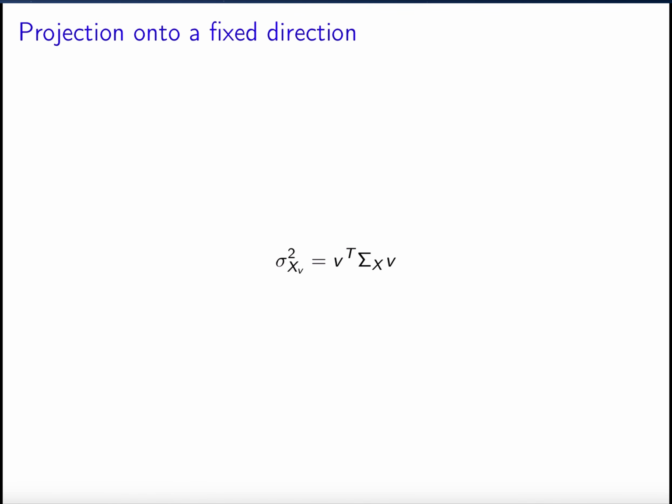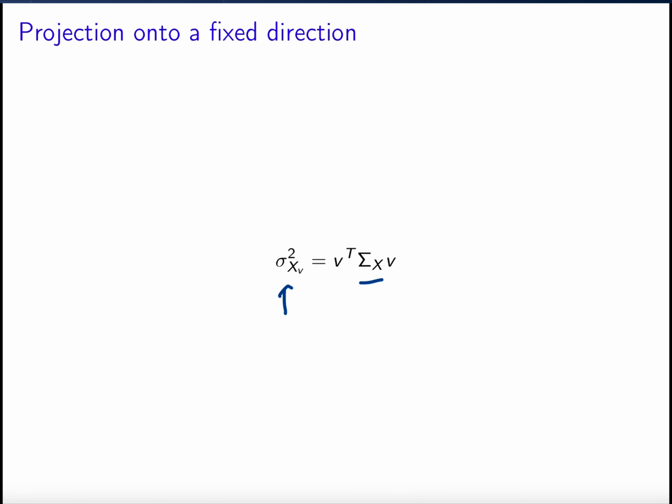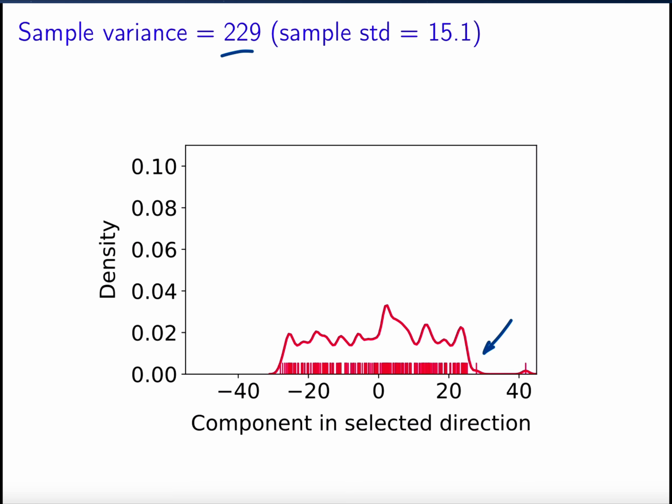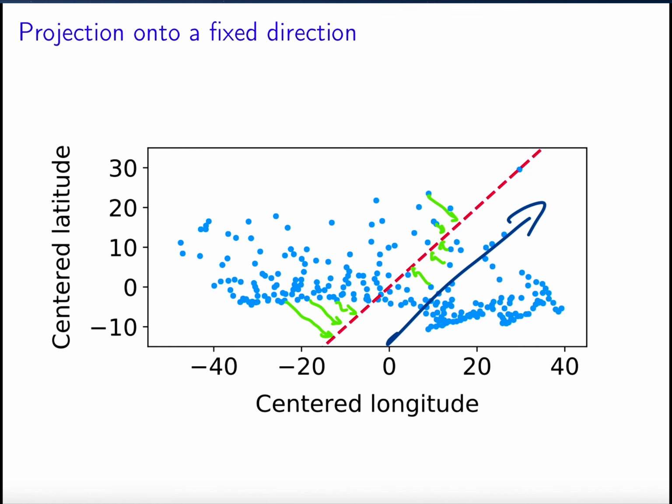So basically, the sample covariance matrix gives you the sample variance in every possible direction of space. Here is a plot of this quadratic function, which we can call g of v, as a function of v. As you move v around in this two-dimensional space, let's go back to the map.